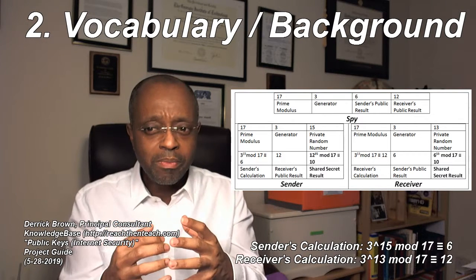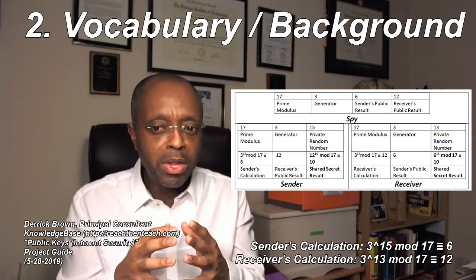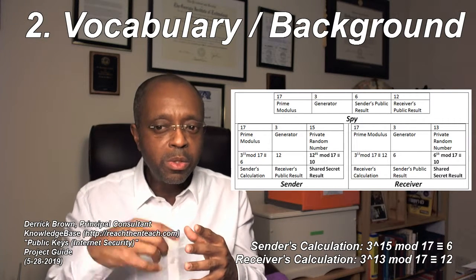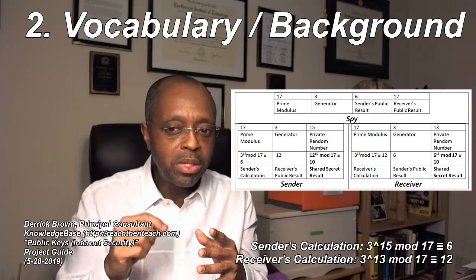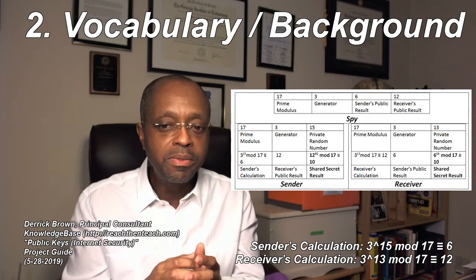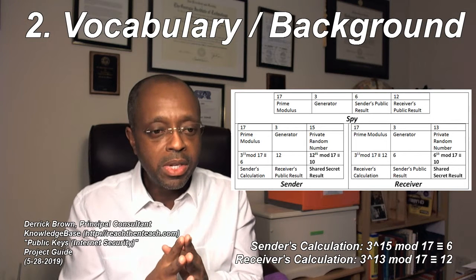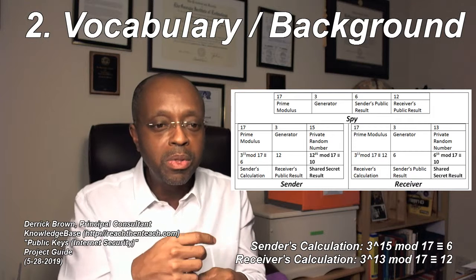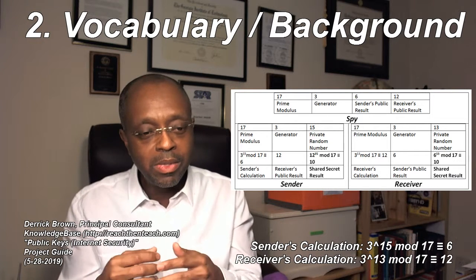The receiver is going to take their private random number and they'll do 3 raised to the 13th power modulo 17, which is 12. They'll send that 12 to the sender. The spy is going to pick up both of those numbers. They've got the 6, they've got the 12.